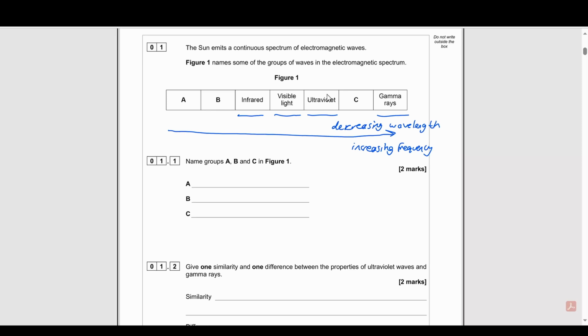So in our electromagnetic spectrum, our longest wavelength is radio waves, and then after radio waves it would be microwaves. Then we have our infrared, visible light, ultraviolet, and then just before gamma rays we have the most dangerous, which is X-rays and gamma.